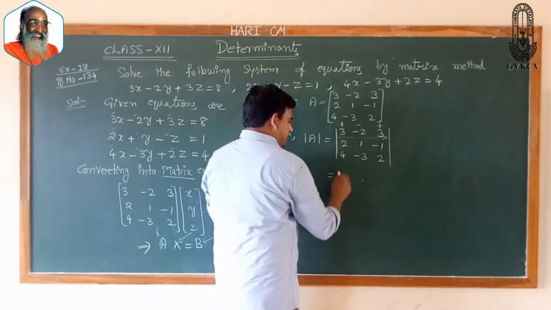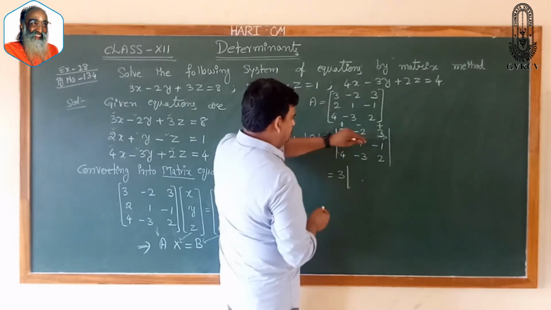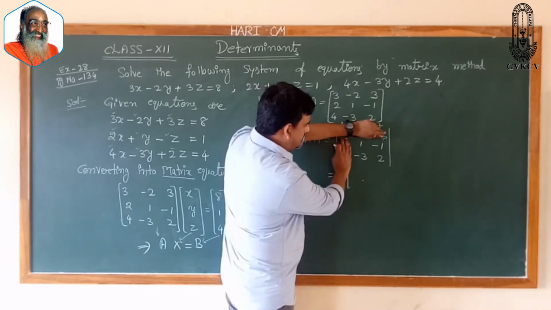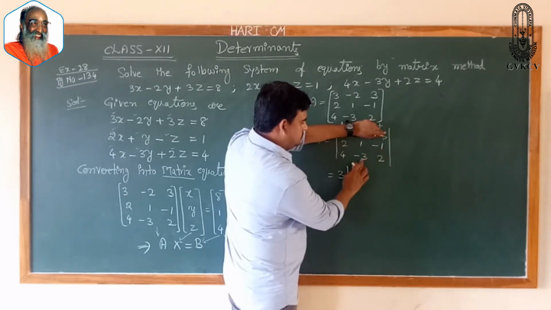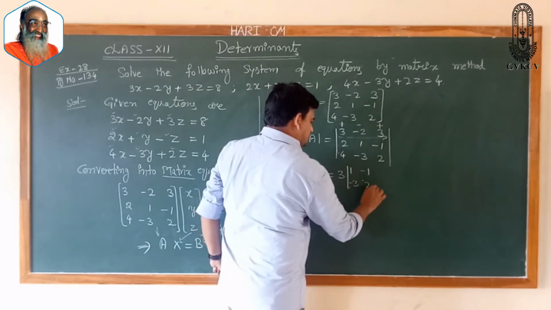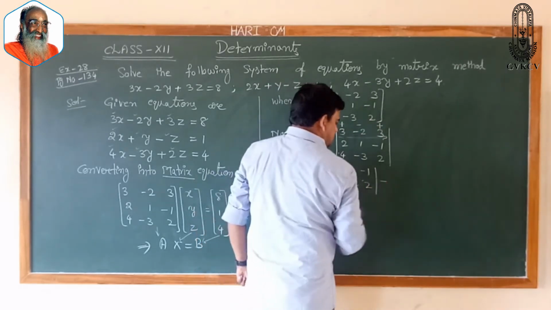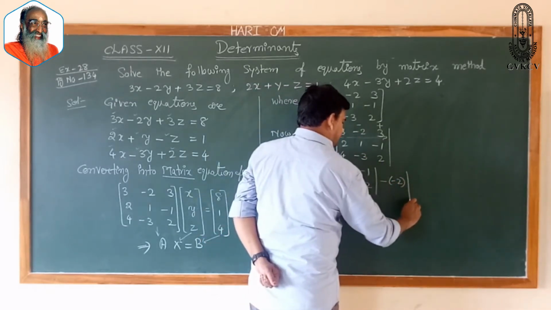Now expanding with 3. When we expand with 3, leaving the row and the column, we have a 2 by 2 matrix: 1, minus 1, minus 3, 2. Minus, now here I have the element minus 2.